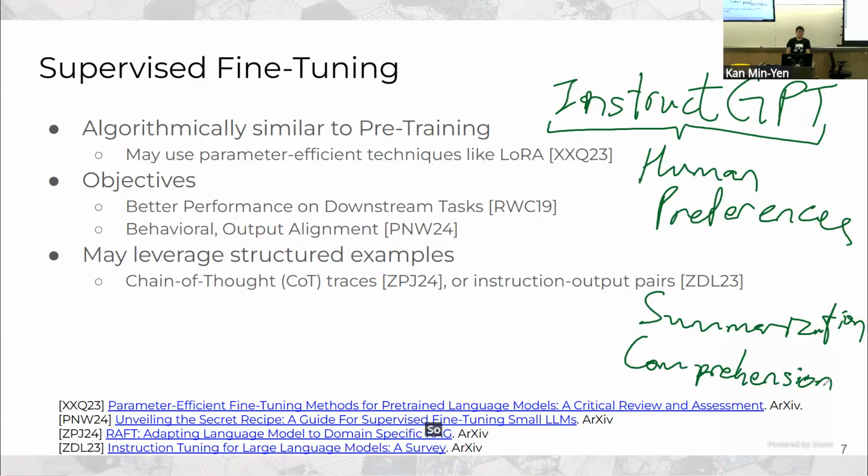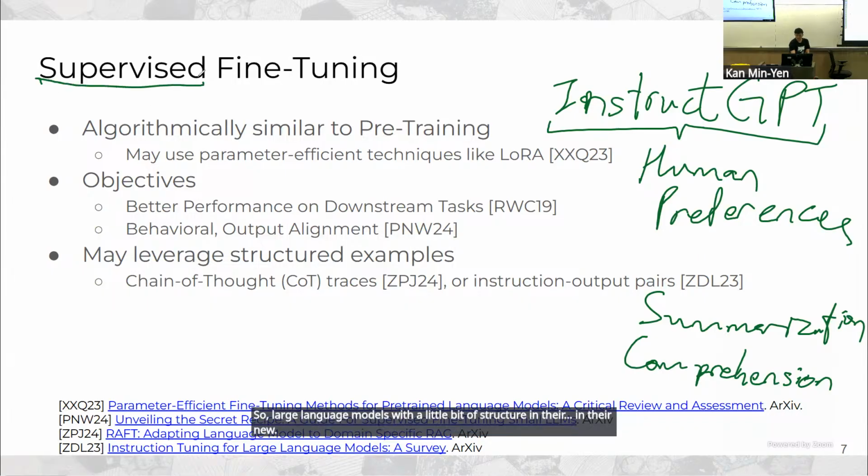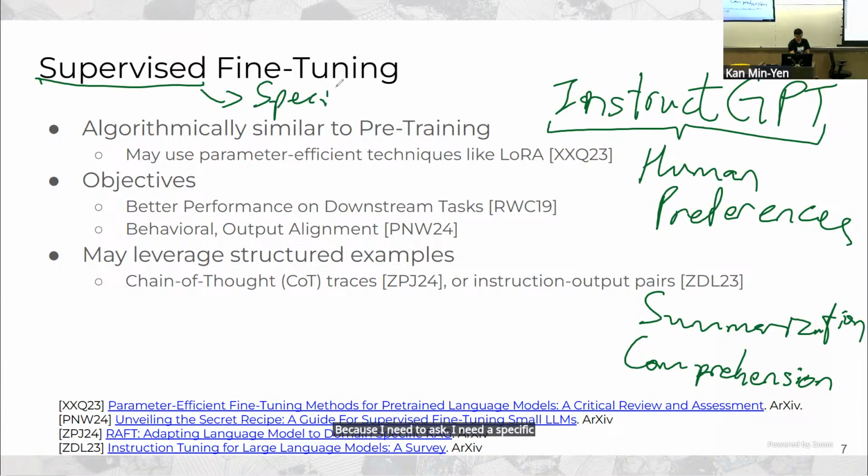So large language models with a little bit of structure in their new supervised corpus, right? This one requires a little bit more supervision because I need a specific format for Q&A. I need a specific format for alignment tuning as well.